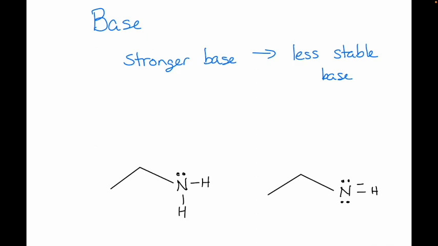We said that the stronger the acid was, the more stable the conjugate base was. The more stable the base, the weaker it is, right? So a strong acid has a really weak conjugate base and vice versa, right? So strong base implies a weak conjugate acid.